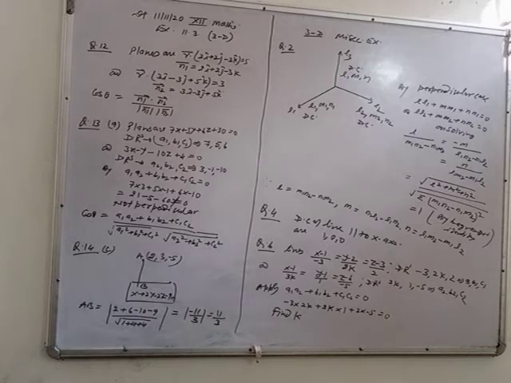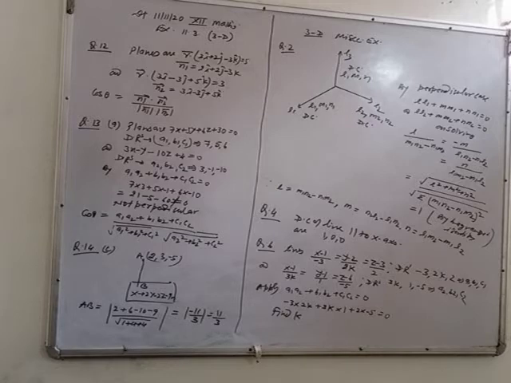So the DRs of the first plane 7x + 5y + 6z + 30 = 0 are a1, b1, c1, that is 7, 5, 6, the coefficients of x, y, z, and the DRs of the second plane 3x - y - 10z + 4 = 0 are a2, b2, c2, or 3, -1, -10.